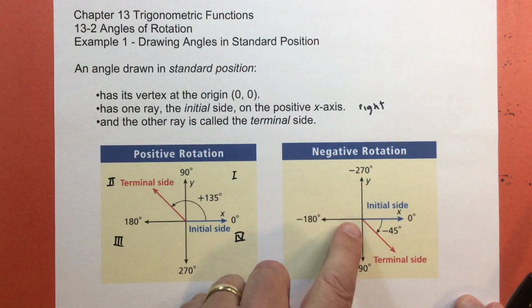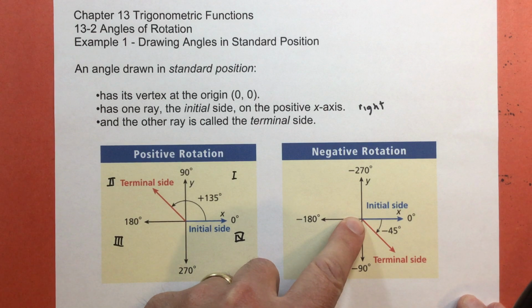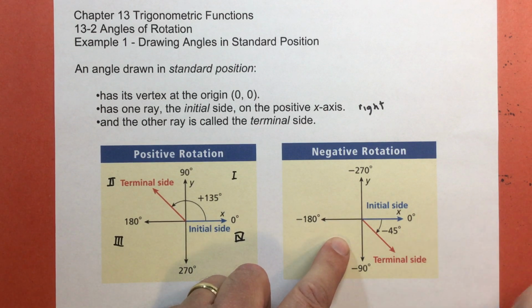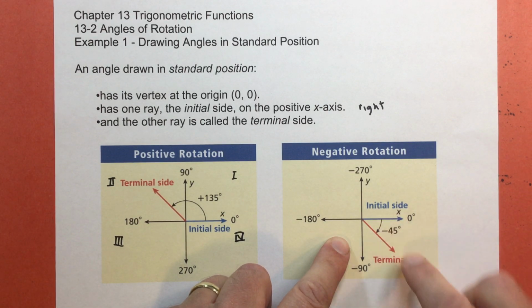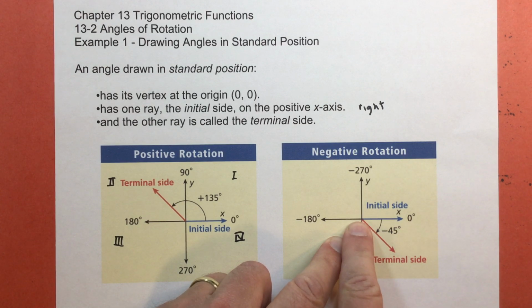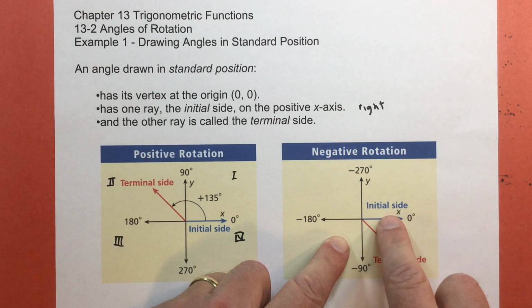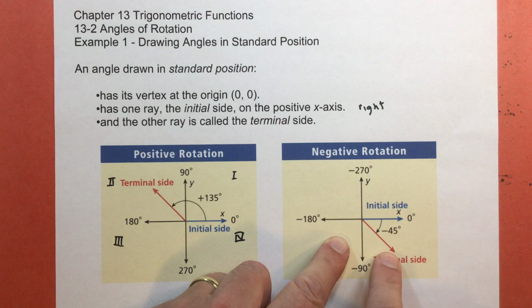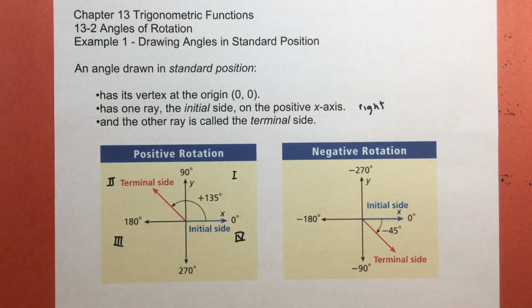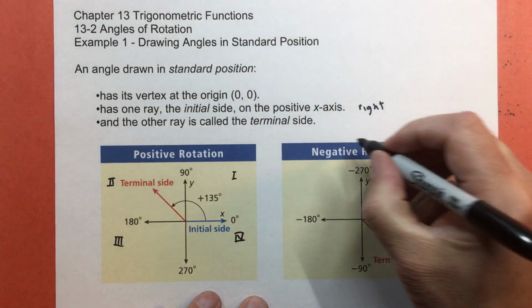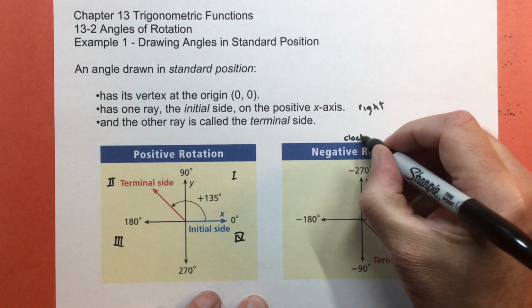If I had a person standing here at the origin again, the vertex of the angle, and this person, follow the arrow, is standing on this, they're going to turn to their right. In this case, negative rotation is clockwise.